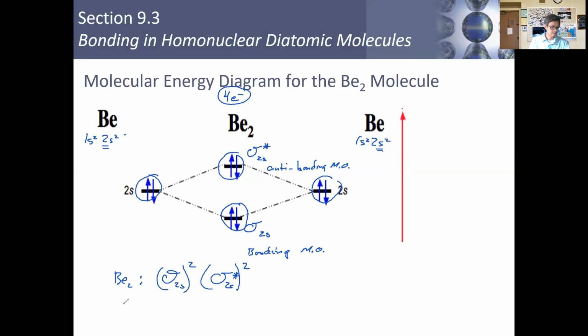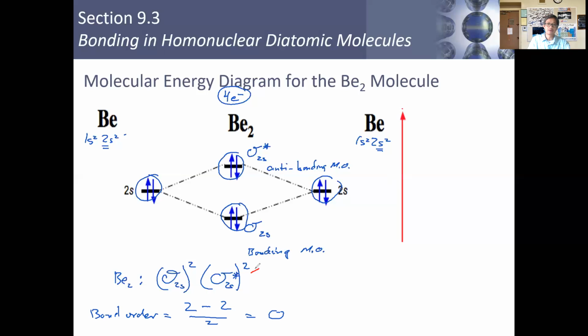But let's do one more check and calculate the bond order. Remember it's the number of electrons that are bonding minus the number of electrons that are in anti-bonding, divided by 2. And so the bond order here is going to be 0. So if we take a look at this, folks, two factors work against this actually forming.